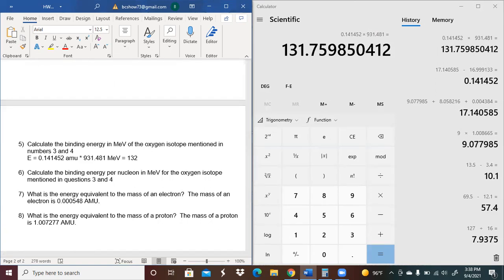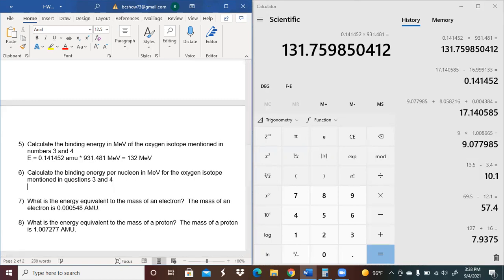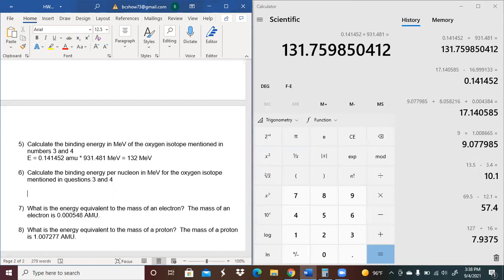Rounding gives you 132 MeV. Calculate the binding energy per nucleon for the oxygen isotope O-17.